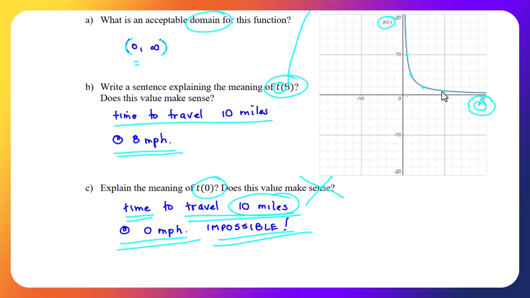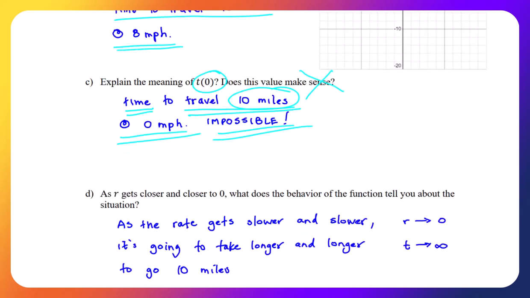If you look at the graph, as r gets closer and closer to 0, the graph goes up, or the y value goes up, or the t of r goes up, or the time goes up.